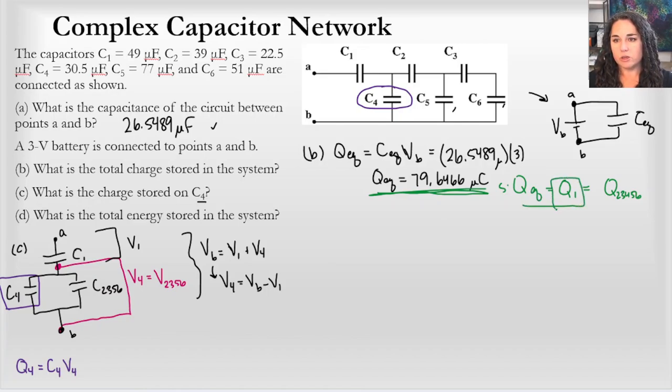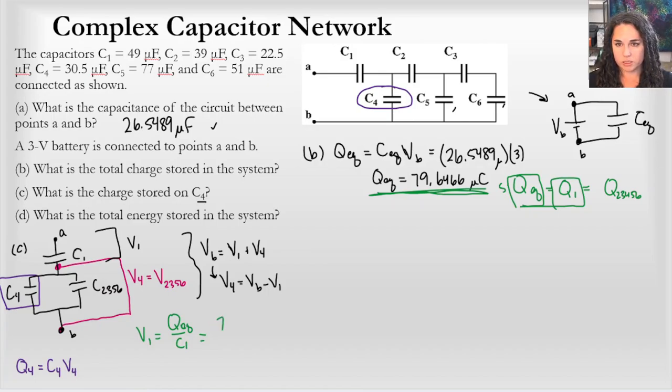So I have Q1 because I have the equivalent charge. So I'm going to note that V1 equals Q1, or Q equivalent, divided by C1. So I can find V1.